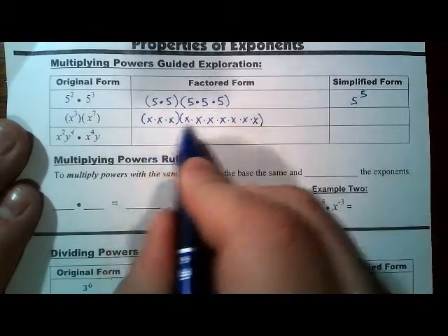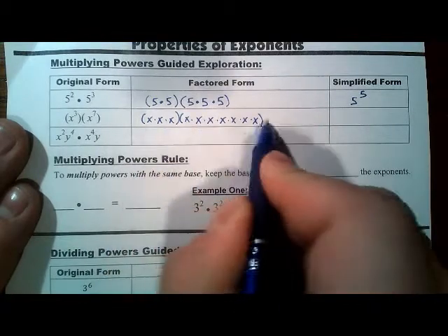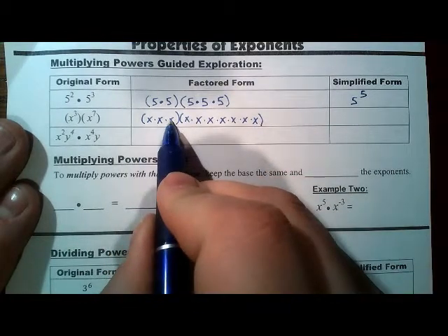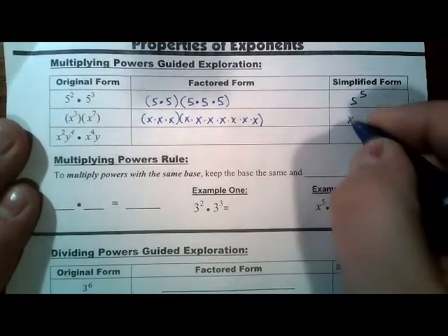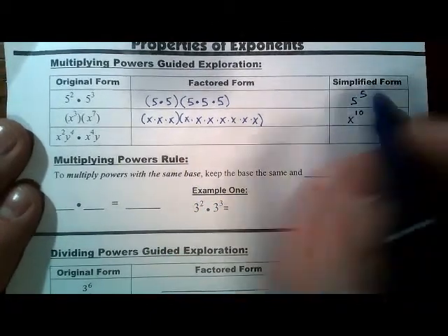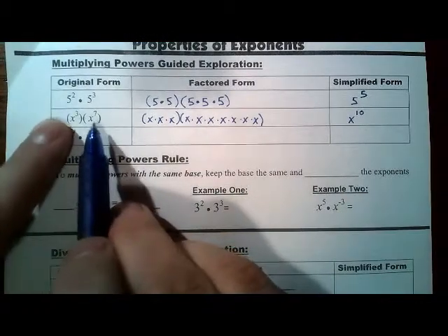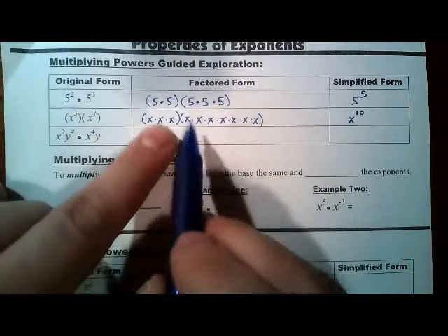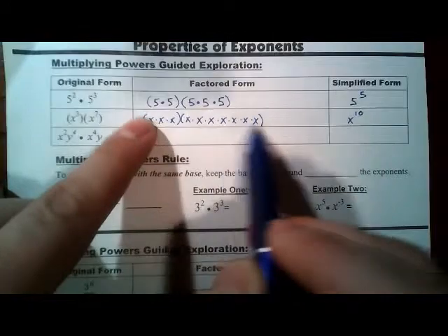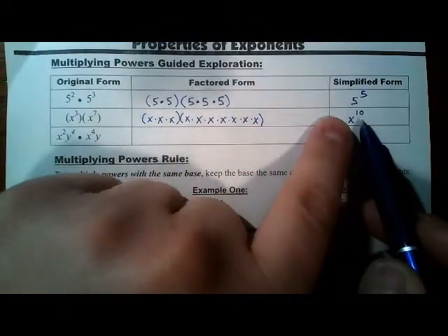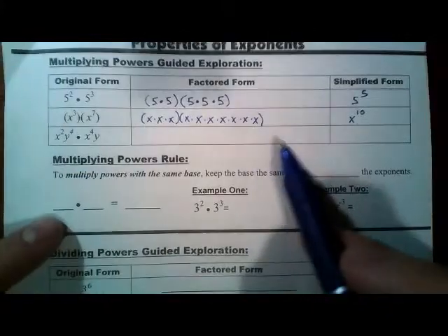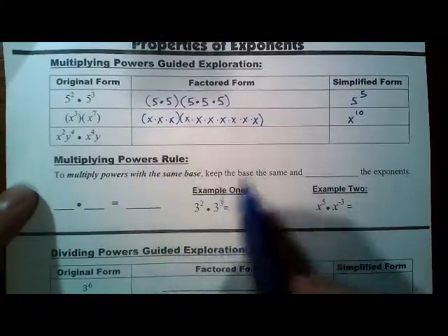So how many x's am I multiplying all together? 1, 2, 3, 4, 5, 6, 7, 8, 9, and 10. So this would be x to the 10th. So by going from the original form and then expanding it out into factored form, I can go back and reduce it. And by doing this, it helps us figure out a general rule.